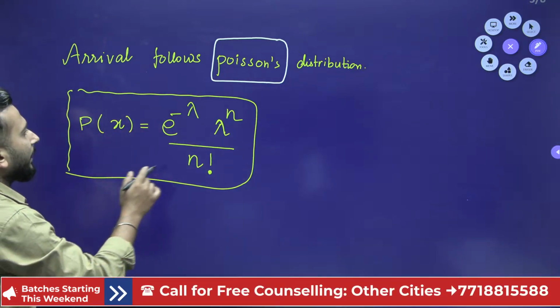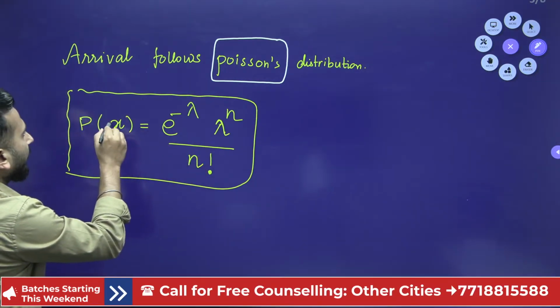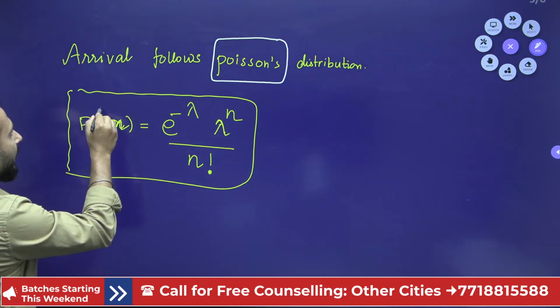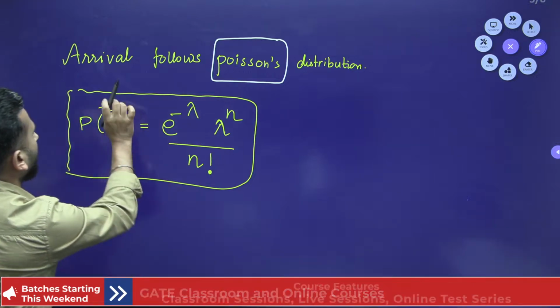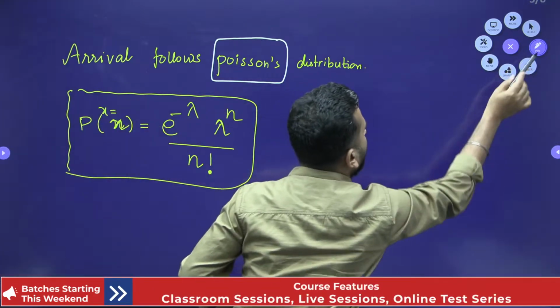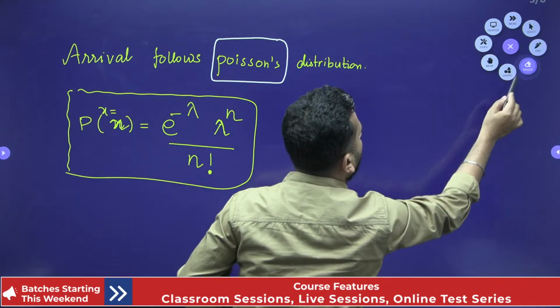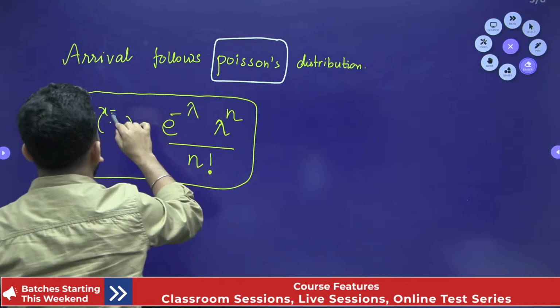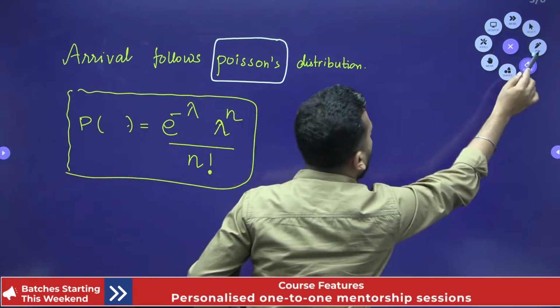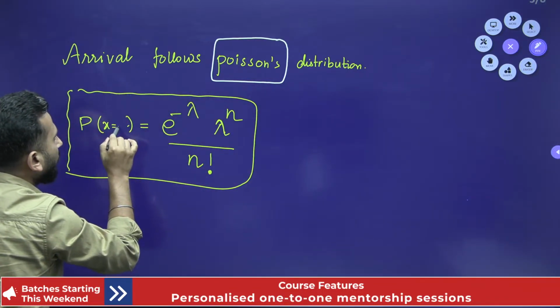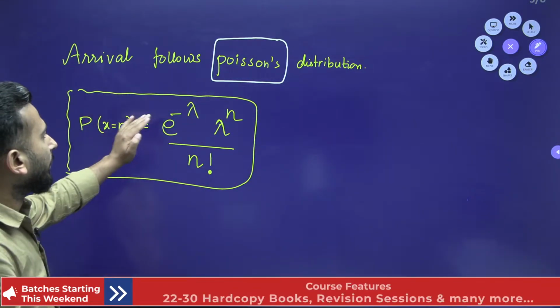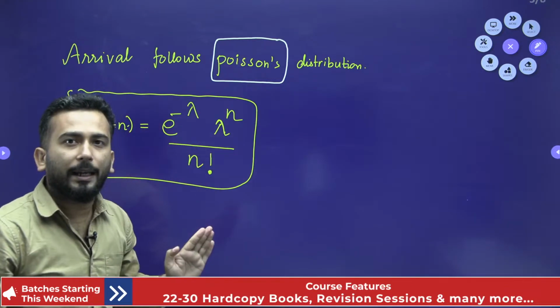Sorry, I have to write here n actually. X equal to n, if you write. Let's write it neatly. Probability of x equal to n arrivals is e to the power minus lambda, lambda to the power n by n factorial.